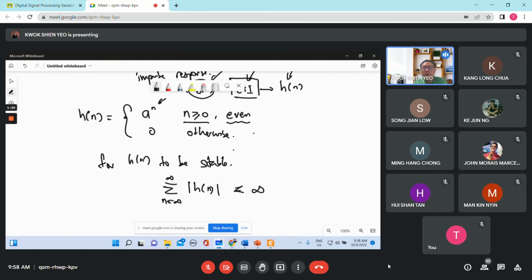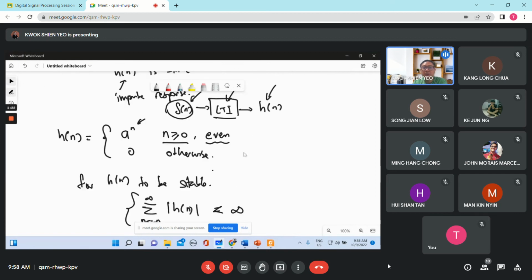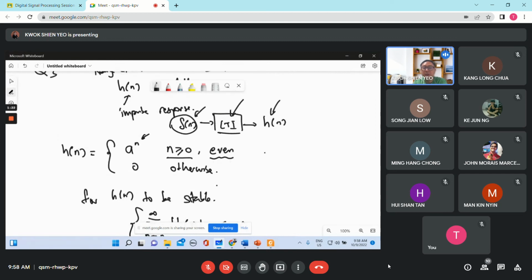So we sum all the h[n] amplitudes for all the range, because we can see that this h[n], according to this equation, is an infinite sequence. So if there is one element that is infinity, then it is already unstable.